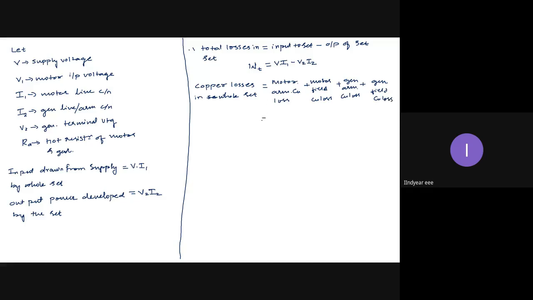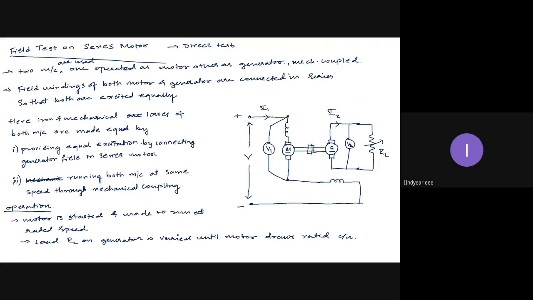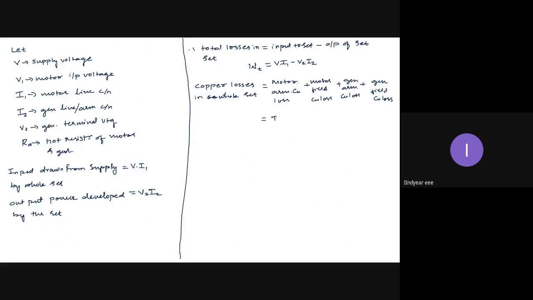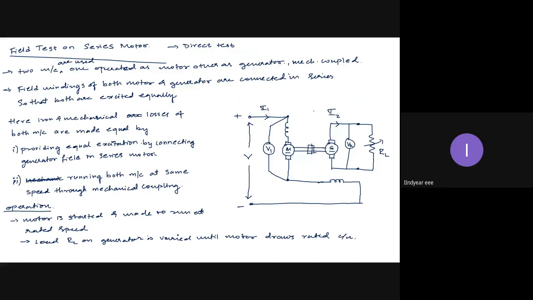So the motor armature copper loss: the current in the motor armature is I1, so it is I1 square RA plus, if we know exactly the voltage across each field, I can take that voltage multiplied by current I1.